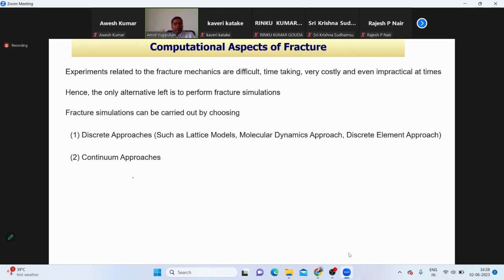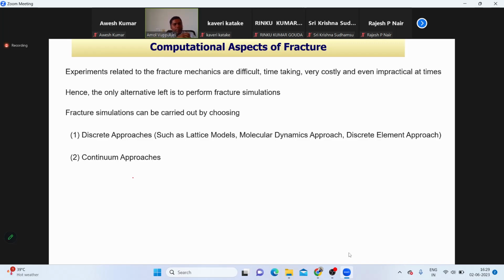Fracture simulations can be carried out by using discrete approaches or continuum approaches. In discrete approaches, we model the computational domain itself as a set of particles, and those particles interact with each other through some force or a potential. Based on how you are modeling these particles, there are different models which are proposed, such as lattice models, molecular dynamics simulations, and discrete element simulations. These models also deal with different time scales.